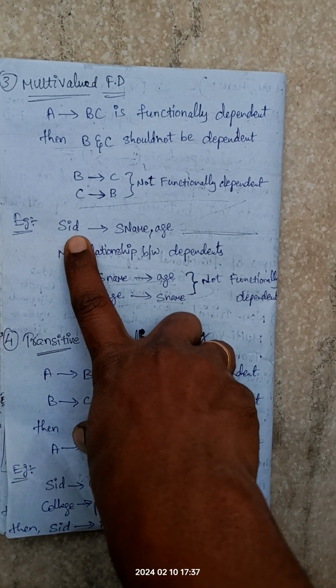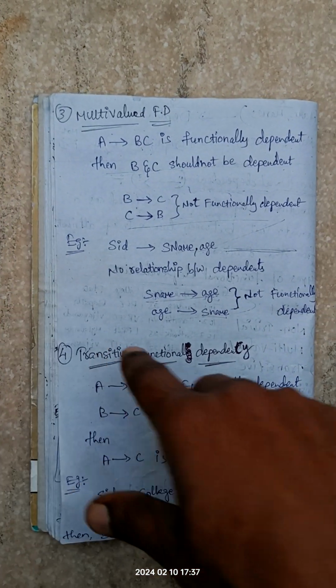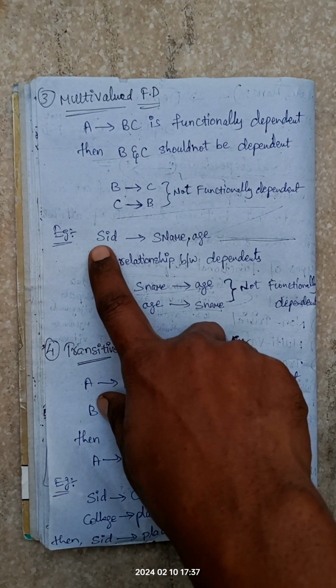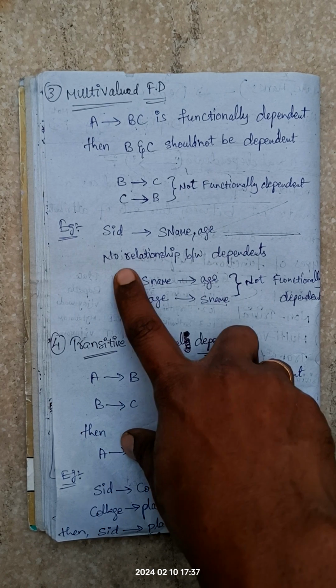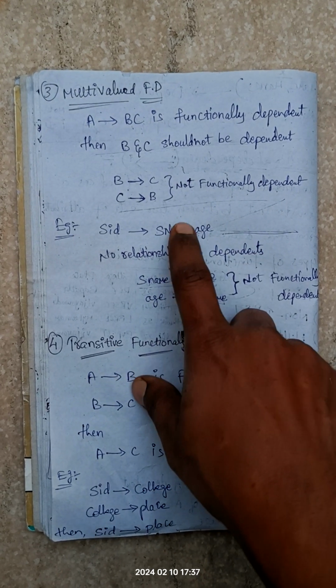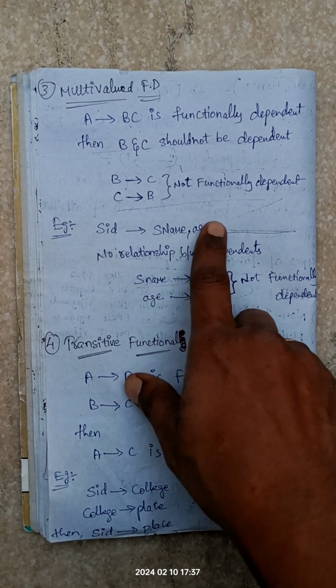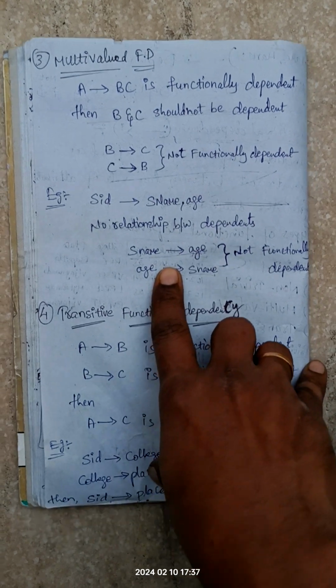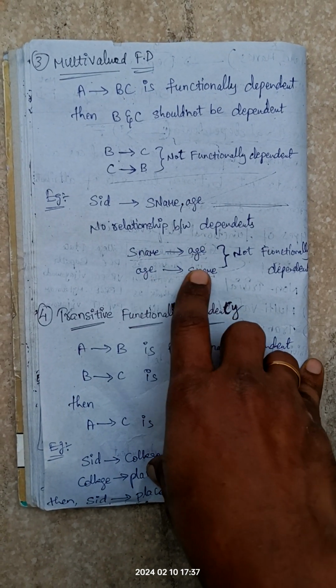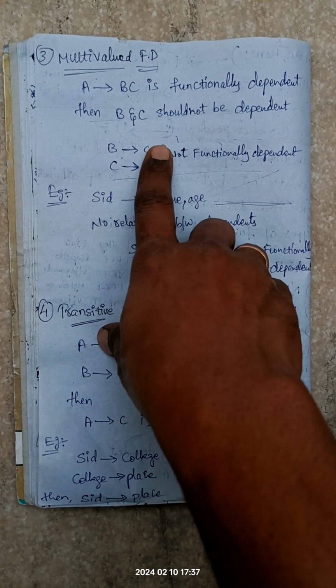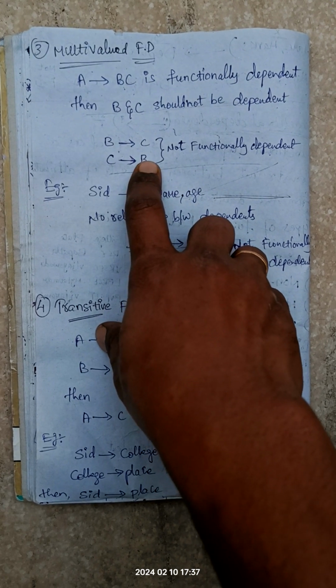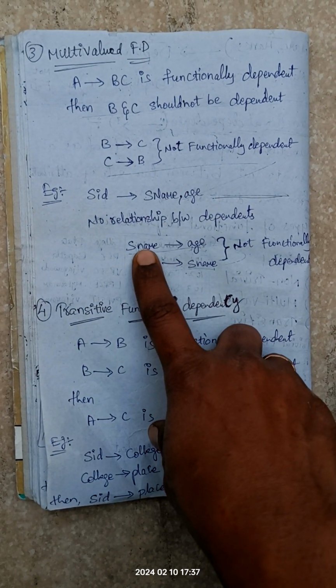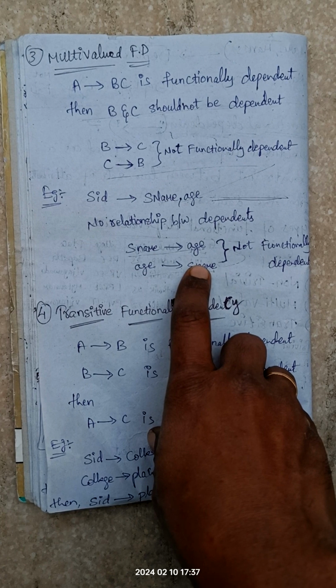If you don't want to remember all these things, you can simply write this step: no relationship between these two attributes. You can write A tends to B, B tends to C, C tends to B, like student name tends to age, age tends to student name, not functionally dependent.